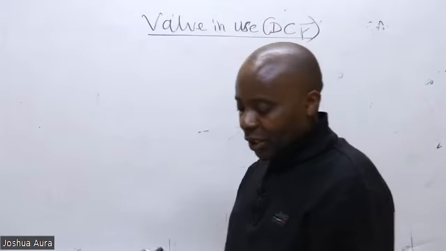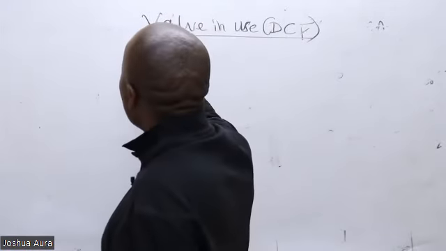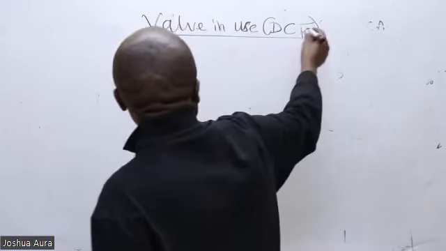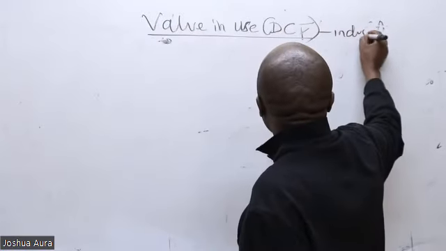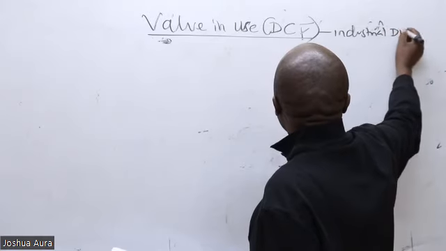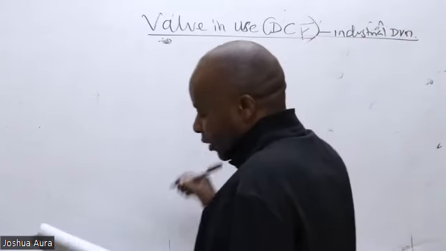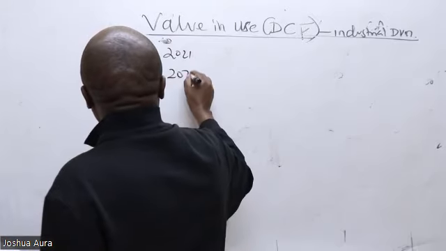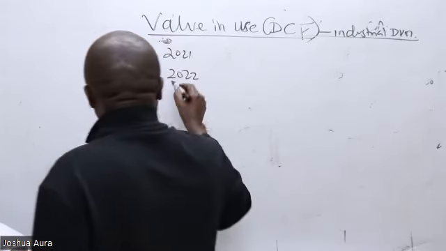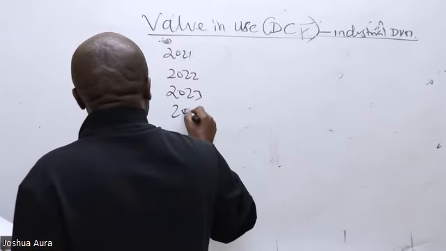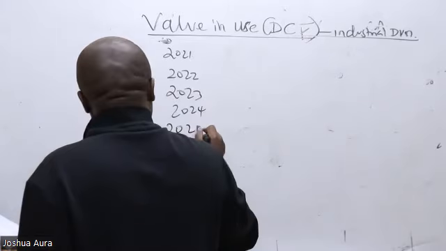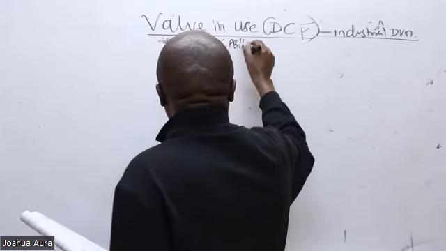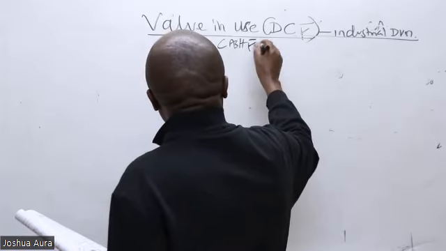So we shall start with the industrial division. I will copy this very fast. We have the year 2021, we have 2022, we have 2023, we have 2024, we have 2025, and then they have given us cash flows.